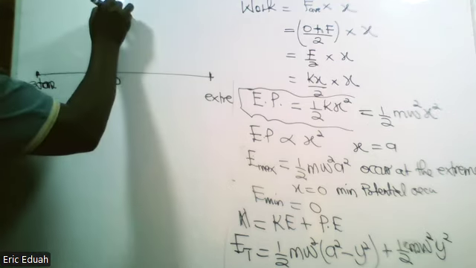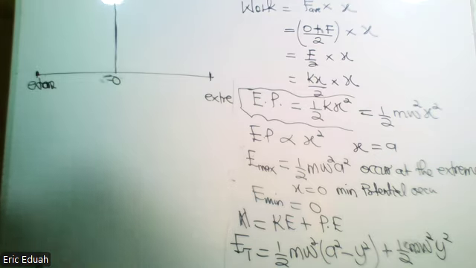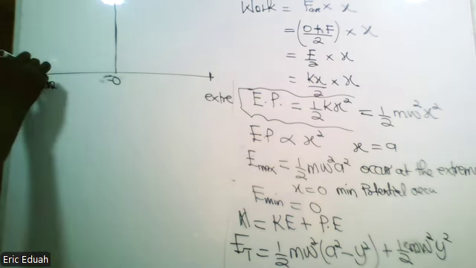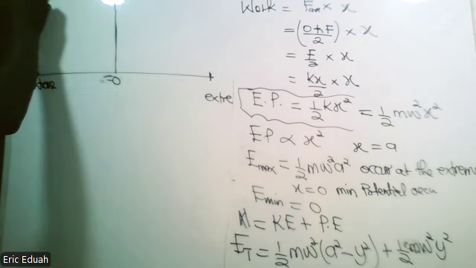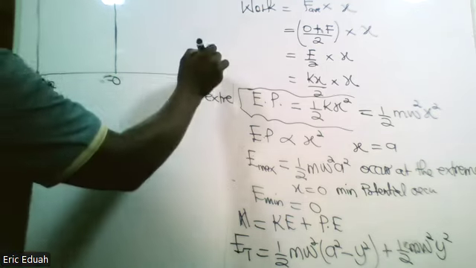Here we are plotting the energy at the extremes and energy at the minimum point. So let's plot this vertical line to indicate the energy.